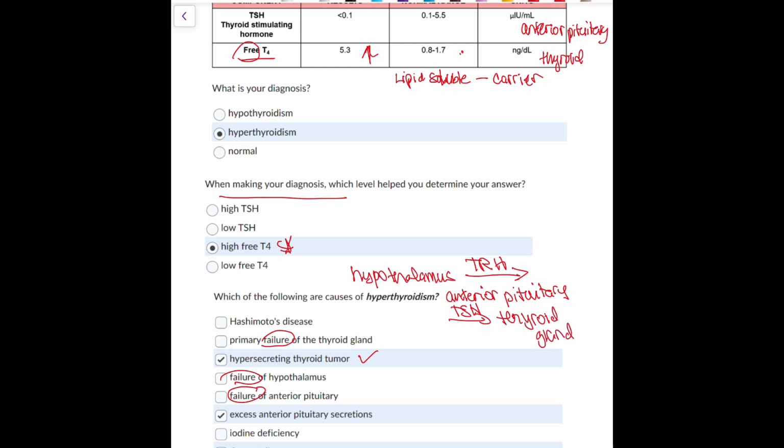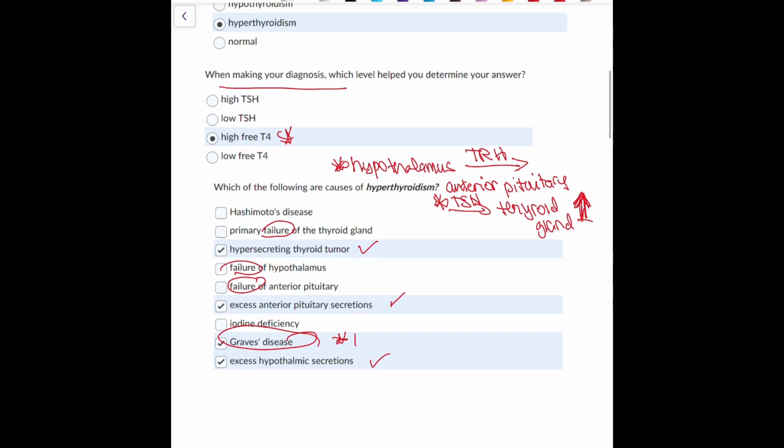So if the anterior pituitary is over-secreting or the hypothalamus is over-secreting, you're going to get a lot of thyroid hormone. So this is going to go up. So excess anterior secretions, excess hypothalamic secretions, and the number one cause of hyperthyroidism is Graves' disease. So hopefully you got that one right.